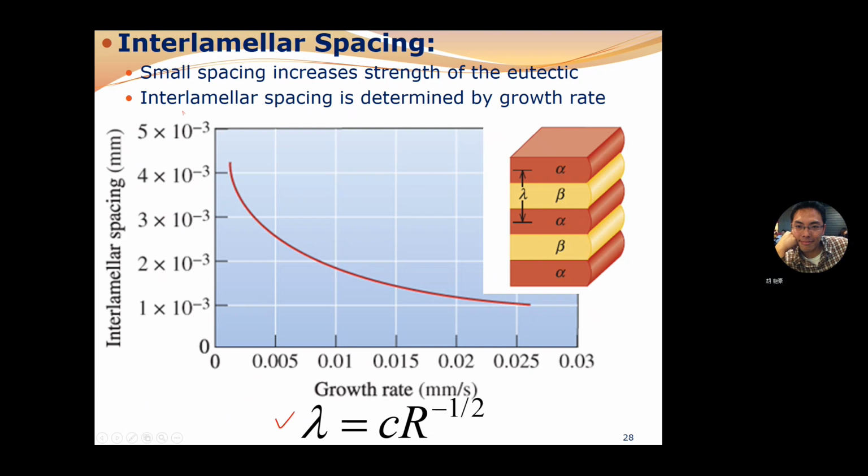If the growth rate is higher, how about the interlamellar spacing? If the growth rate is higher, that means the interlamellar spacing is smaller. It's getting smaller, right? And the smaller spacing increases the strength of the eutectic structure.